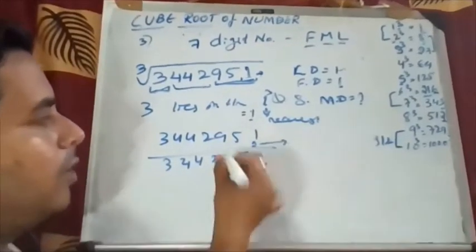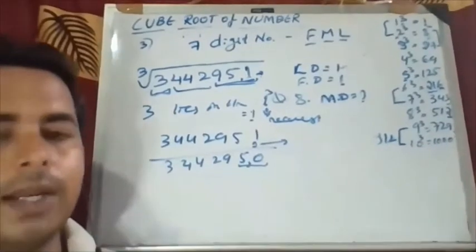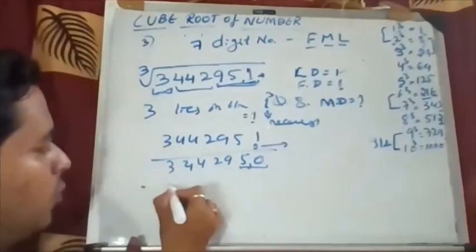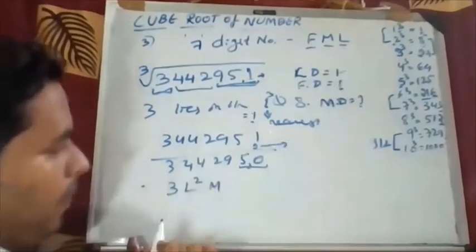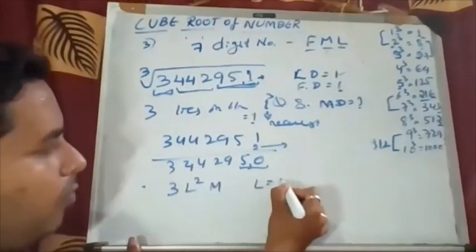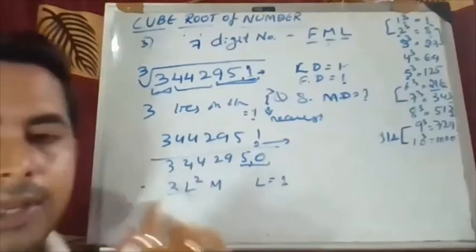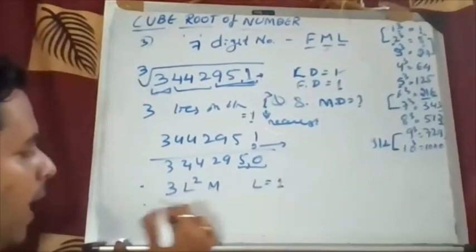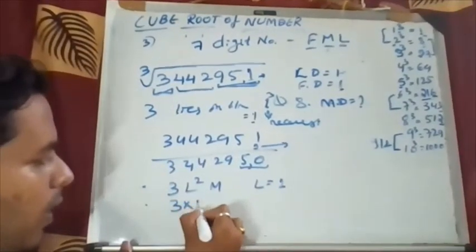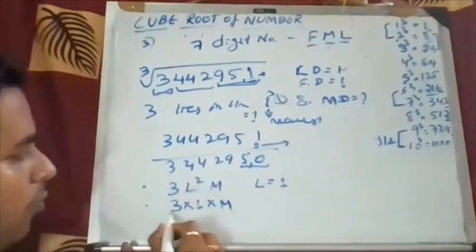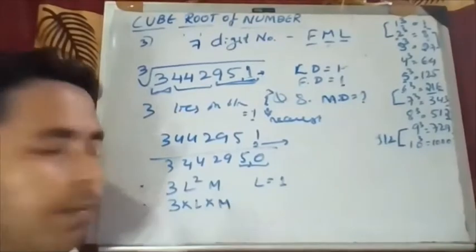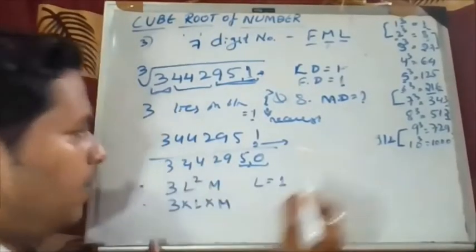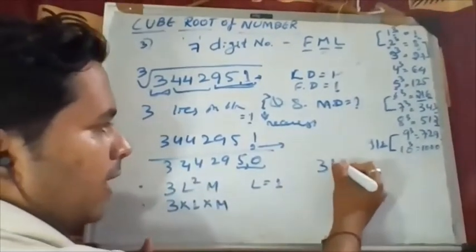So with what number you got the subtract? With a 1. So what you have to do? Again you have to use the formula 3L square M to find the middle number. Here L will be 1. And here that will be added here, 3 into 1 into M. Now I have to find the M value. अगर आप M value find out कर रहे हैं, अभी देखो equation क्या हो गया? 3M हो गया.